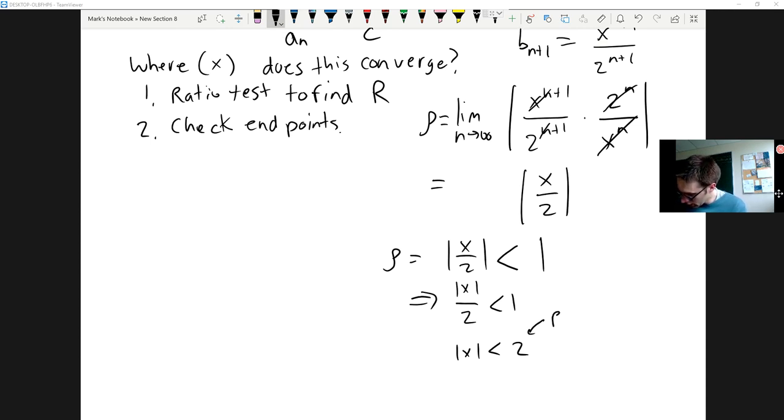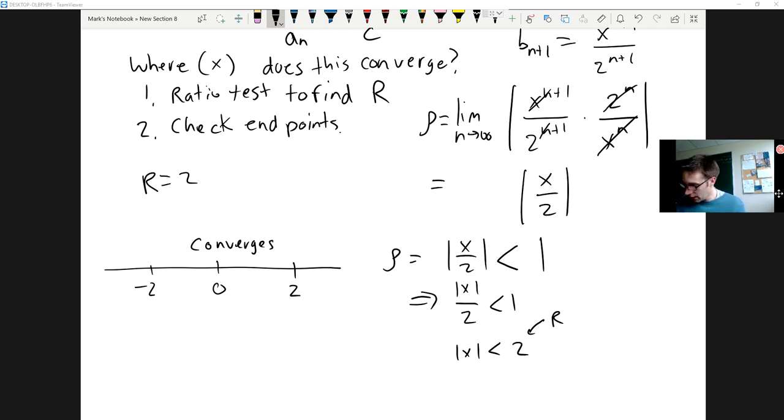Our radius of convergence is 2, and our center of convergence is, again, 0, as we noticed originally. So r equals 2, and so if we're to draw out a number line, so there's 0. If the absolute value of x is less than 2, then it means we're between 2 and negative 2. And we would say that if we are in that range, we have convergence.